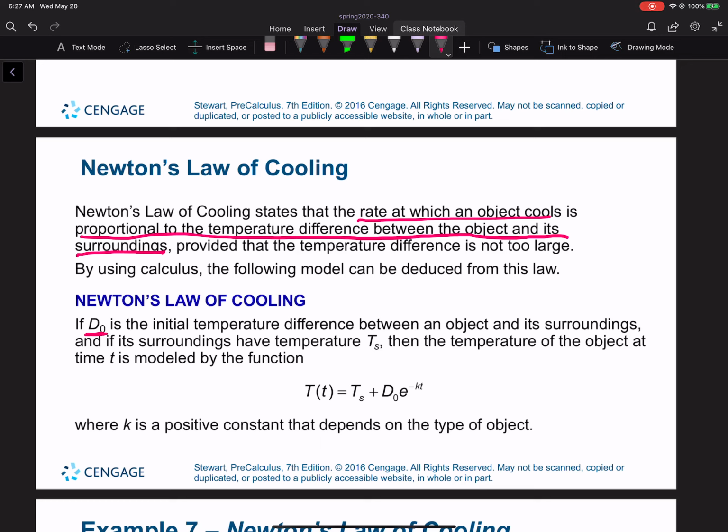Okay. So D naught we define as the initial temperature difference between the object and its surroundings.